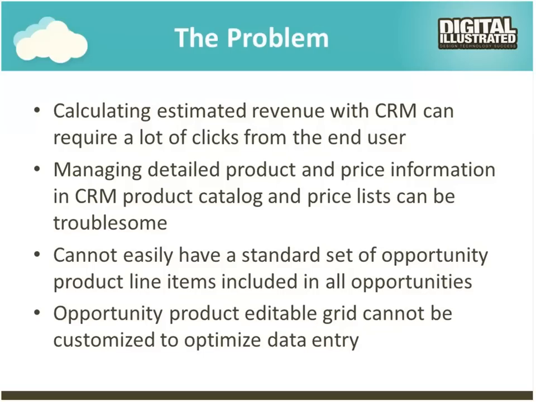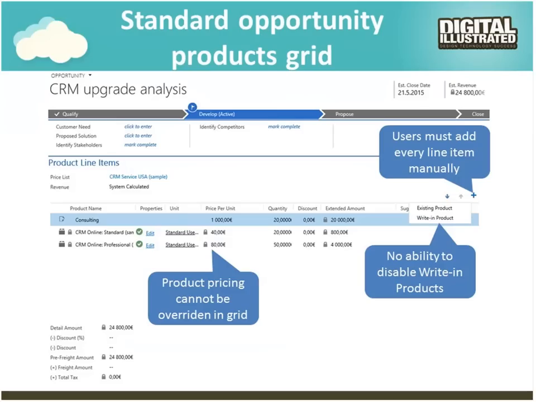One further pain point is that even though there's a nice editable grid available in the opportunity form for manipulating the opportunity product line item data, it's not really very customizable. As an example, this is how it looks by default. You will always need to add all the line items into the opportunity, and there's always the selection of whether it's an existing product or a write-in product.